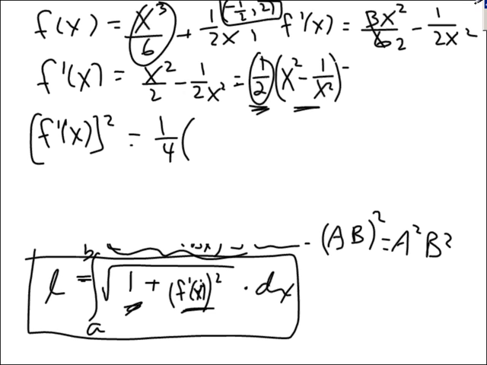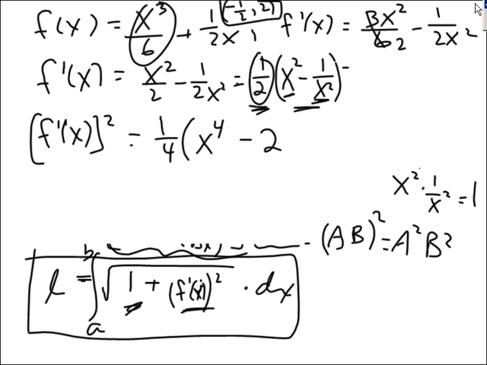And when you square what's inside the bracket, you get the first squared, which is, I like to call this the first and that the second. The second being 1 over x squared. You get the first squared, which is x squared squared, which is x to the 4th, minus 2 times the first times the second.